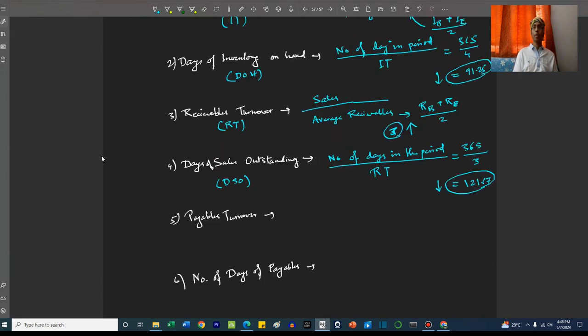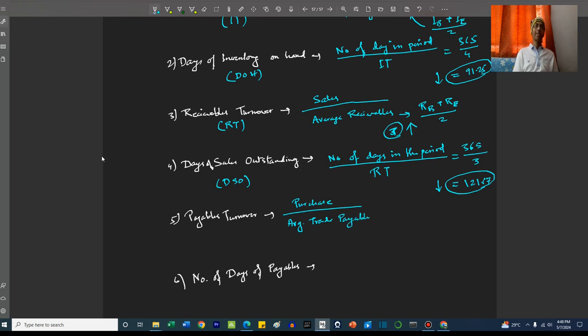Now payables turnover. This is defined as the amount of purchases in the period divided by the average trade payables. What is the definition of average trade payables?